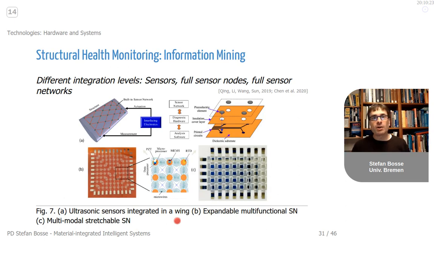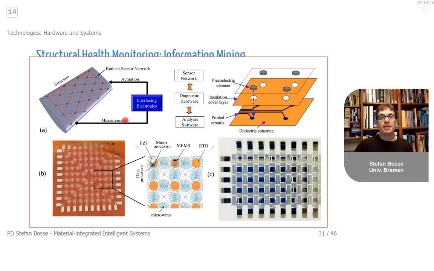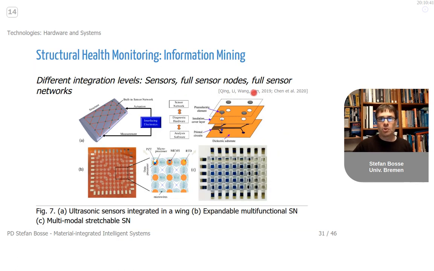And finally, structural health monitoring, with different integration levels. Still mostly, you see it here, just integrated sensors and all the wires coming out. If you have thousands of sensors, you have really an issue, along with external diagnostic hardware and analysis software. The next step is full sensor nodes and full sensor networks.